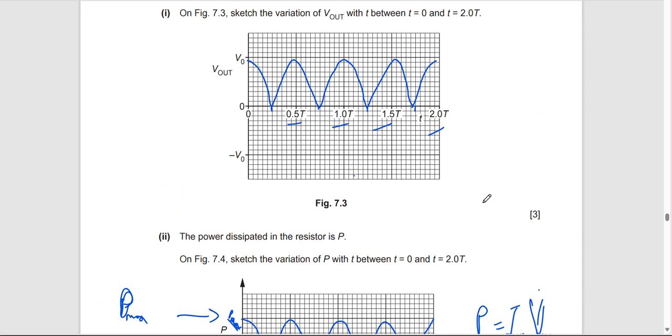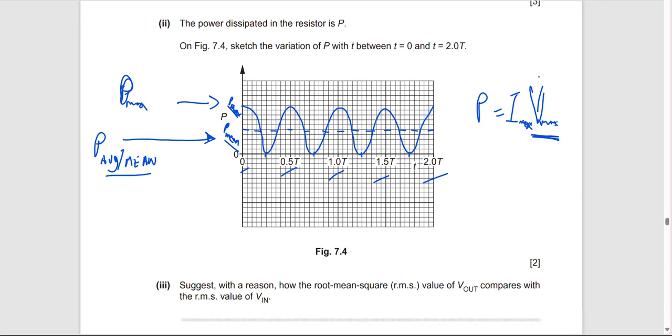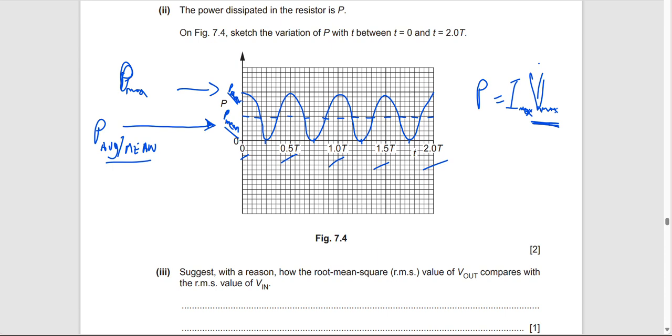The V out one had sharp troughs, then it goes again like that. This one has smooth troughs and smooth crests. This one is a sinusoidal wave like that. That's the difference. You need to show the difference for those marks.